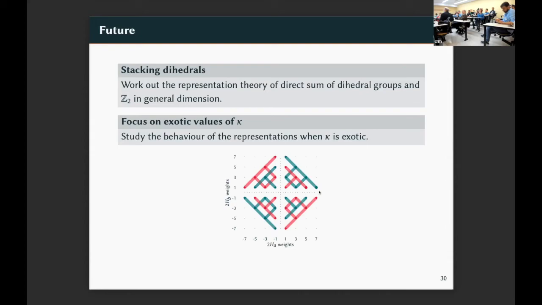So when kappa is negative, and when kappa takes a certain value, it may be that the weight spaces get smashed together, and then you don't have the same dimensionality, you don't have the same structure, the representations get messed up together. This is something interesting, but still something we need to look at.